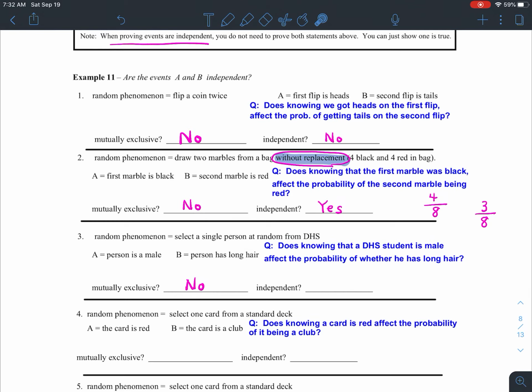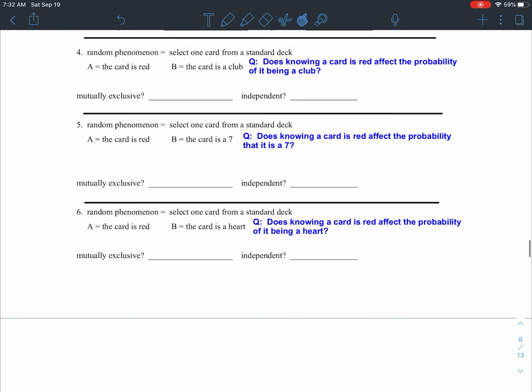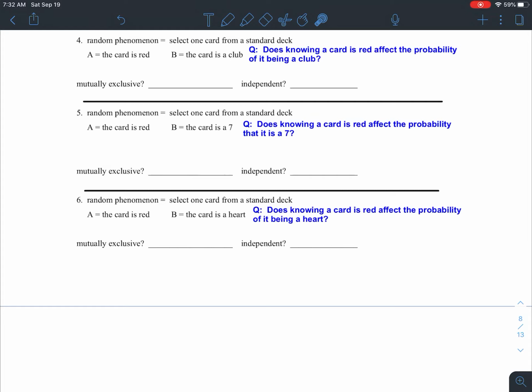Knowing that that person was a male is probably going to make me think that the likelihood that they have long hair is a much smaller likelihood. So I'm going to say that no, these events are not independent. Okay?